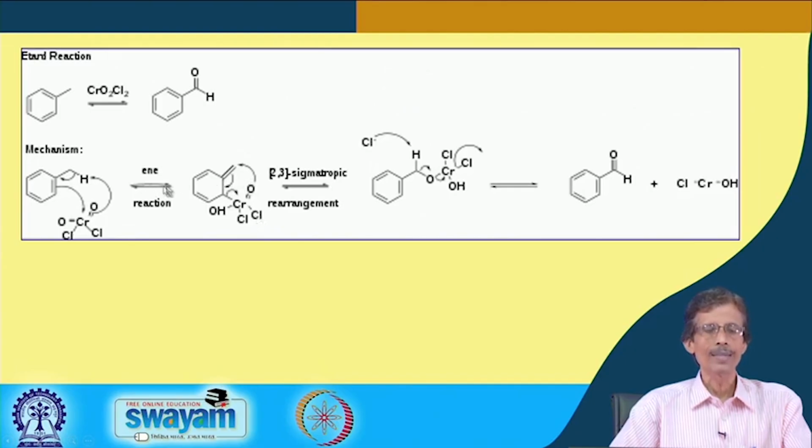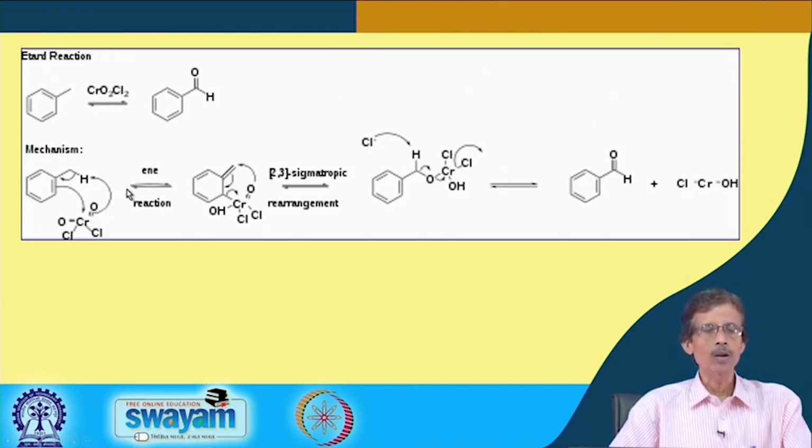So, we consider it as the ene reaction, and this can happen only because this was CH3 and this can be converted to CH2, because the hydrogen from the methyl group can be taken up by the chromium oxygen bond, that means the oxide ion attached to the chromium center, converting it to O2OH.